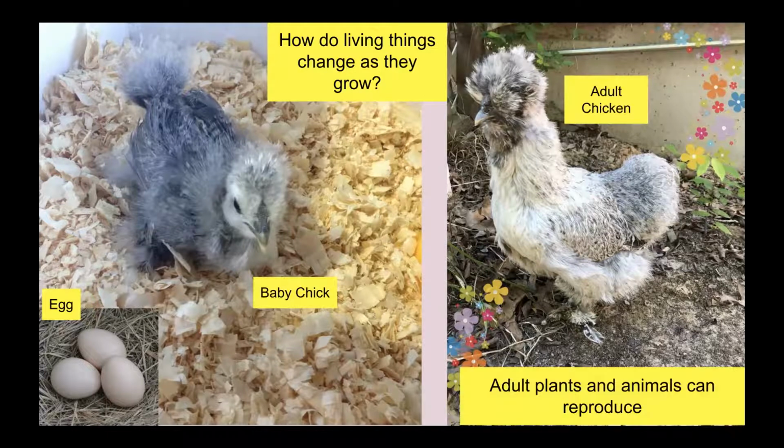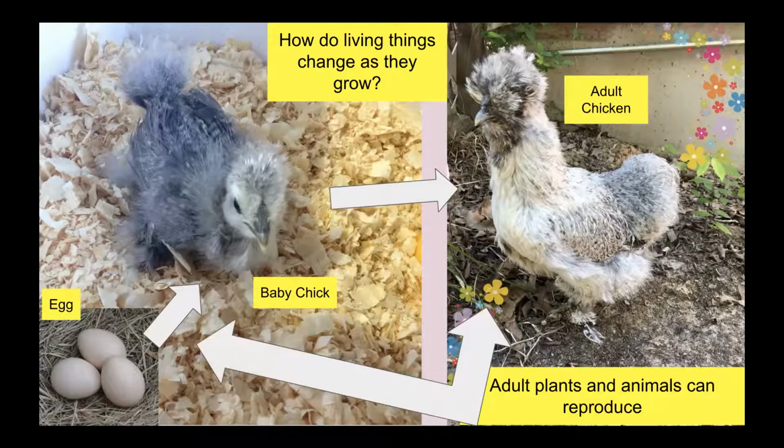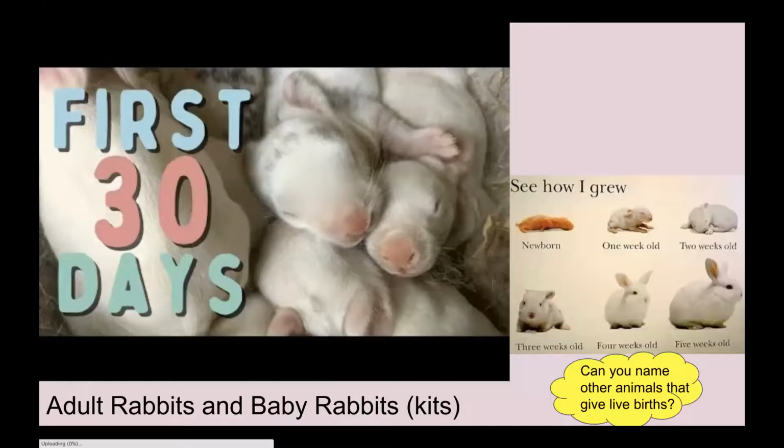And if we look at our little arrows here, the chick hatches out of the egg. Given enough food and proper care, that baby chick can grow into an adult chicken. And then that adult chicken can mate and reproduce and start the whole cycle again and lay eggs to have more offspring.